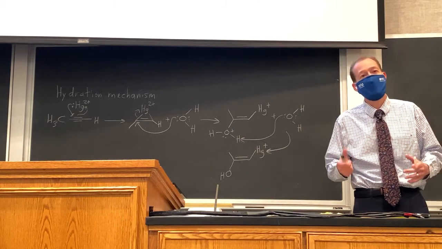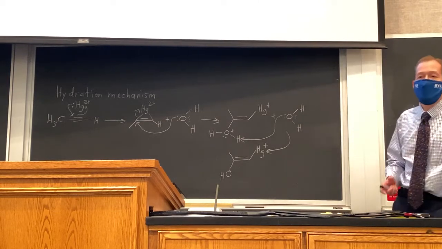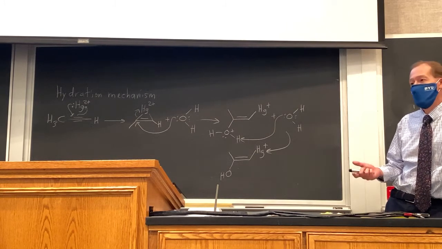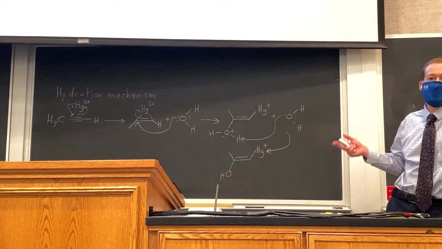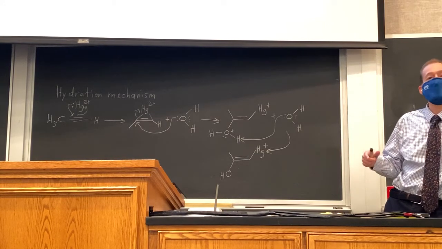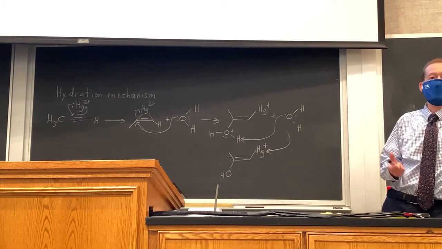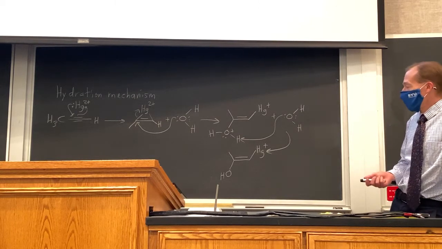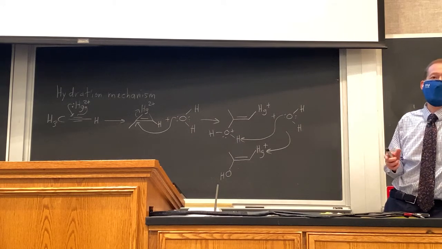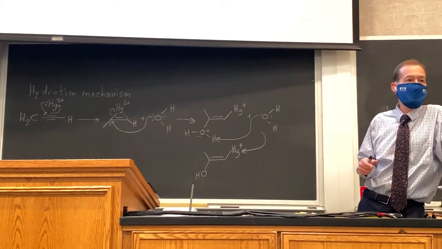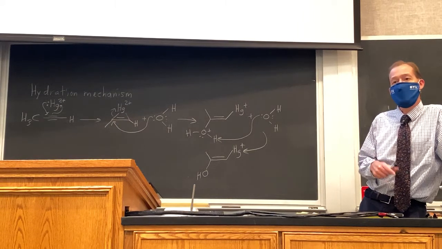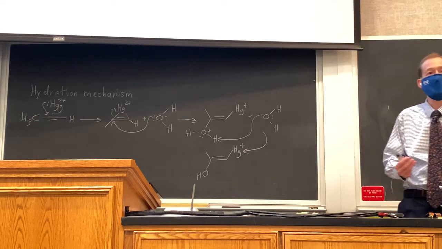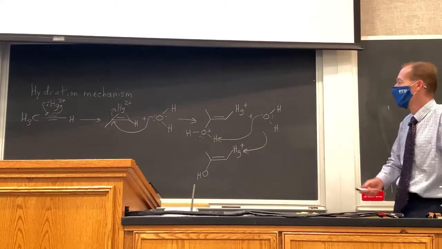So you have a partial positive charge, and that partial positive charge is more stable on the more substituted carbon. So that was the explanation we used to explain why epoxides are opened at the more substituted carbon when we use HX. It was the explanation we used why water opens a halonium ion at the more substituted carbon when we make a halohydrin. So this is the same explanation applied to now our third reaction.